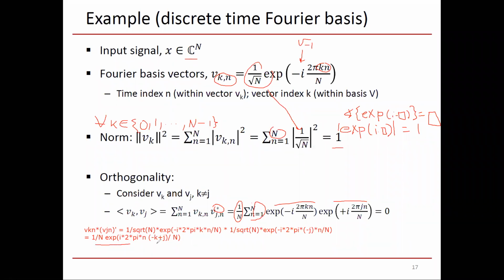And what we expressed earlier was exponent of i 2 pi n over capital N, all of this to the power of j minus k.